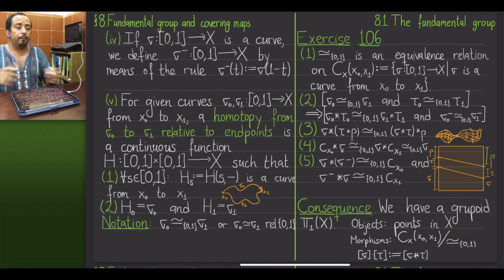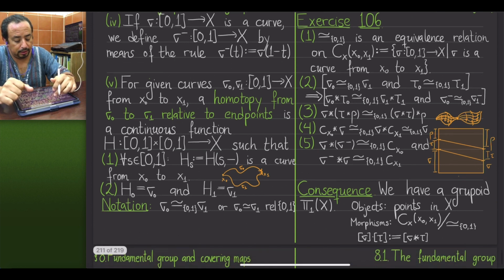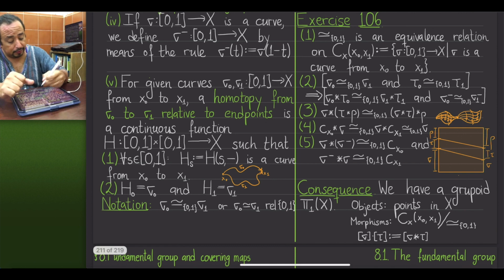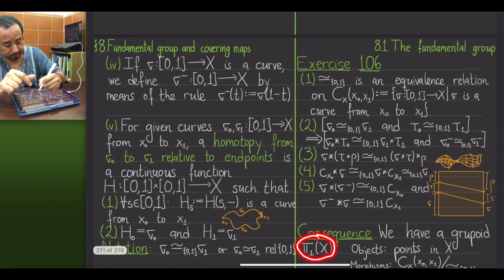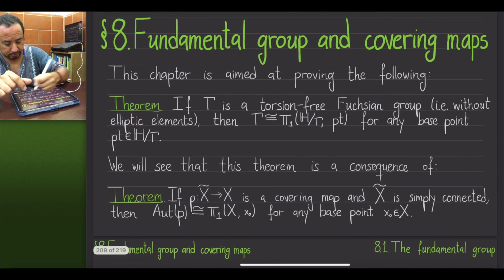So what is a groupoid? A groupoid is a category where every morphism is invertible. And this groupoid, which is pi1 of x, but notice that this notation is not the same as this other notation.